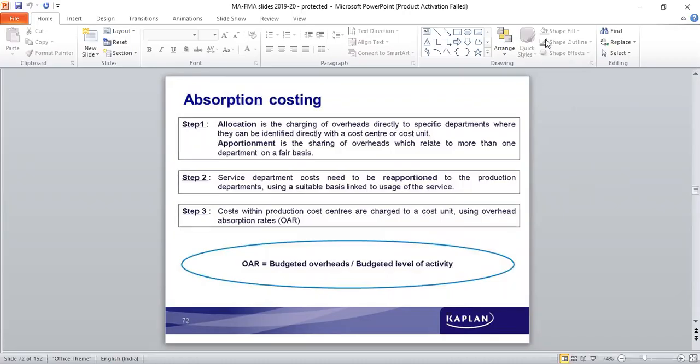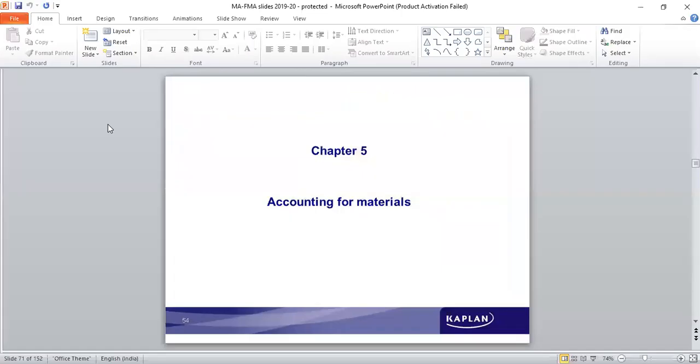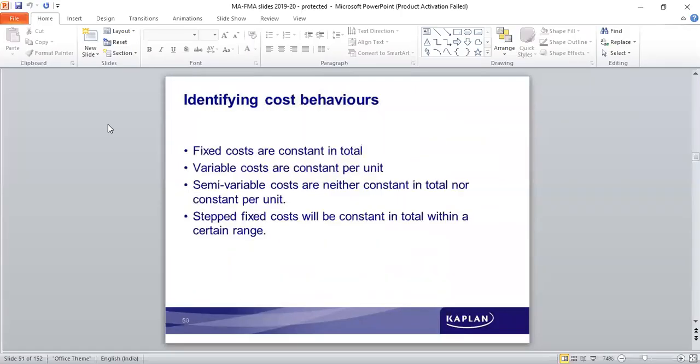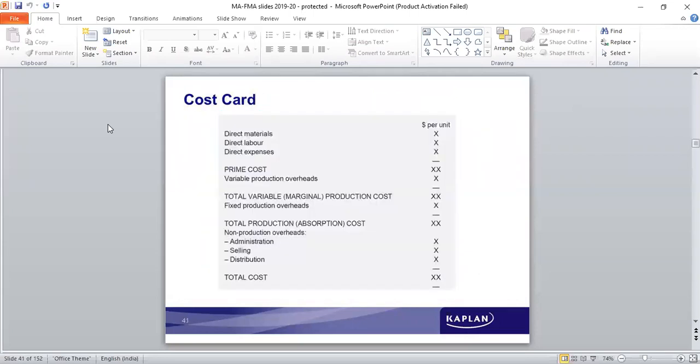Once, we'll quickly refer to the cost card or cost sheet. Please look at this cost card. We see when the costs are accounted.